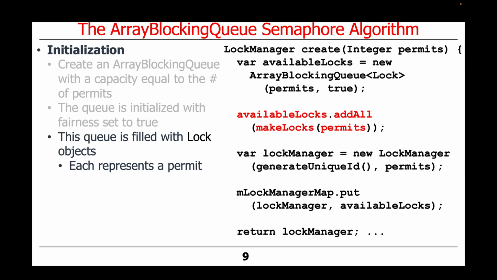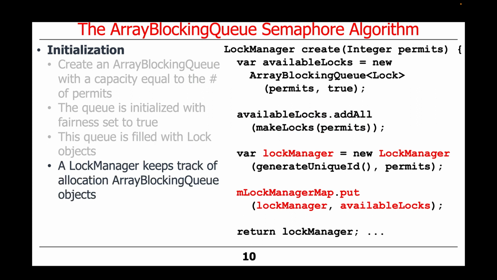And we'll look at the makeLocks method when we walk through the code in more detail. We then define a lock manager, as you see here, that will keep track of the ArrayBlockingQueue objects that we've allocated. And as you can see, we're going to pass in a method that will generate a unique ID and the permit count to the lock manager. And then we store that lock manager in the mLockManager map along with the available locks.